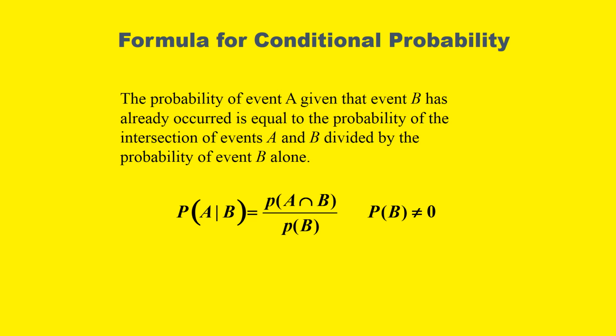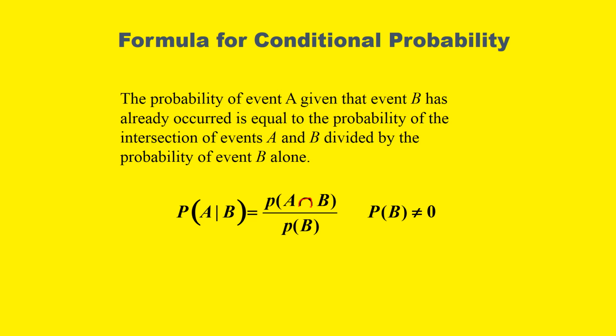Generalizing, we have a formula for conditional probability. The probability of an event A given that event B has already occurred or is assumed to hold is equal to the probability of the intersection. Okay, intersection, that's the "and" right there. The intersection of events A and B divided by the probability of B alone.